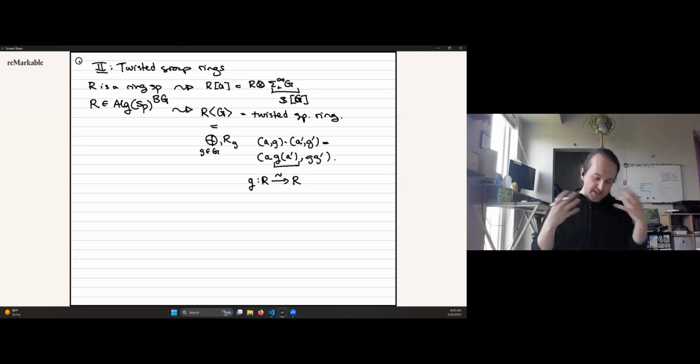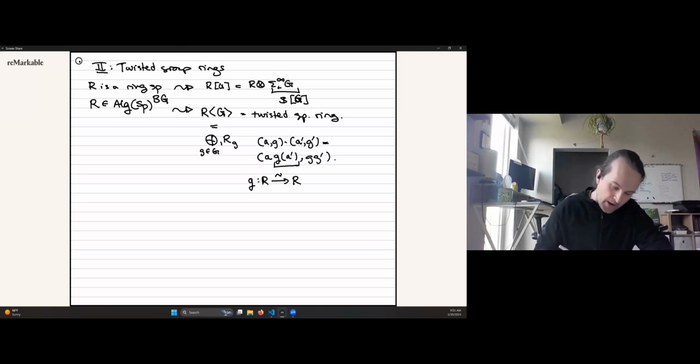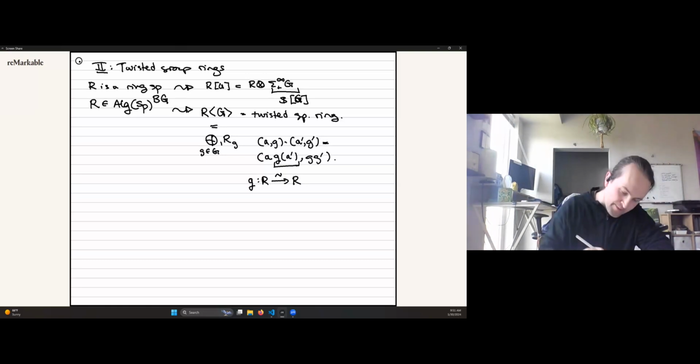And essentially what you can do, and if people are interested, I can say more about this during the question section, but basically what happens is you can put a G grading on R adjoin G, which I'll call GR like this.